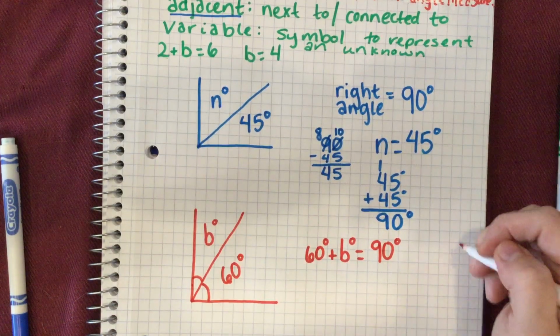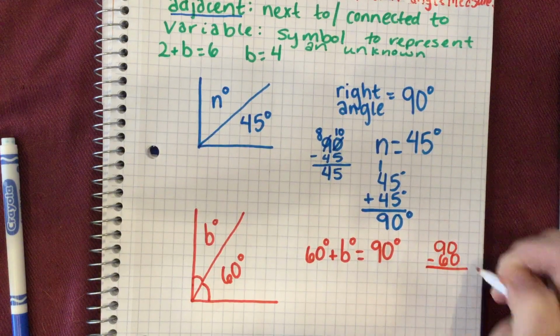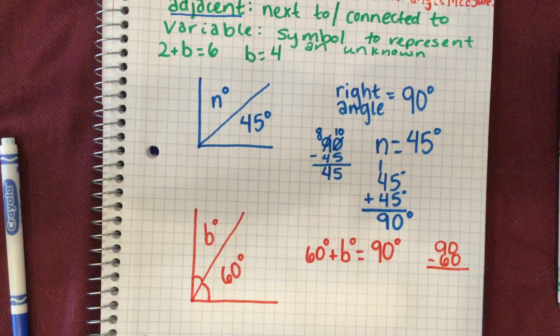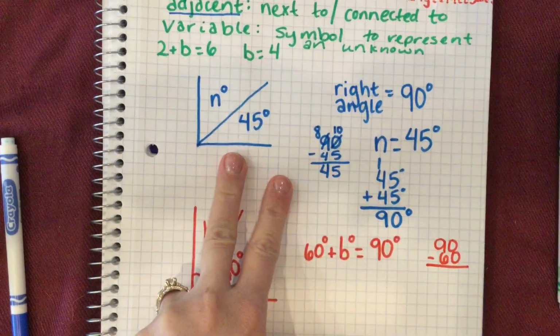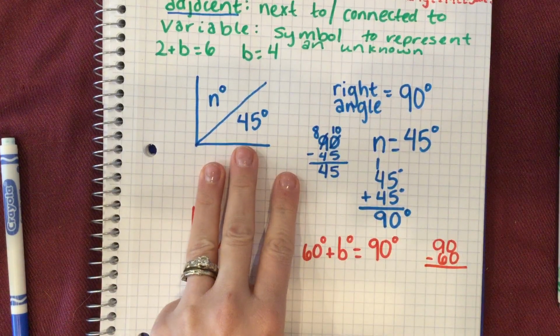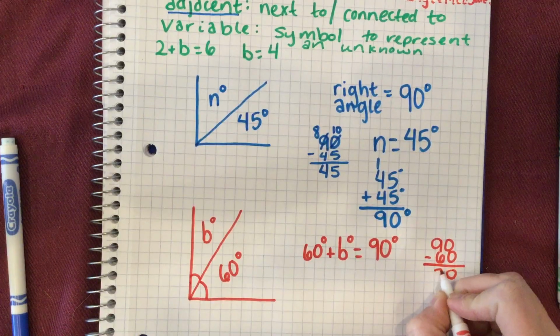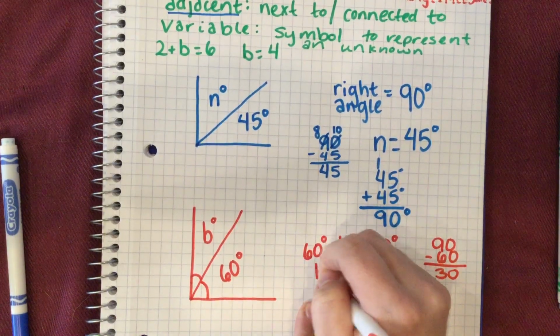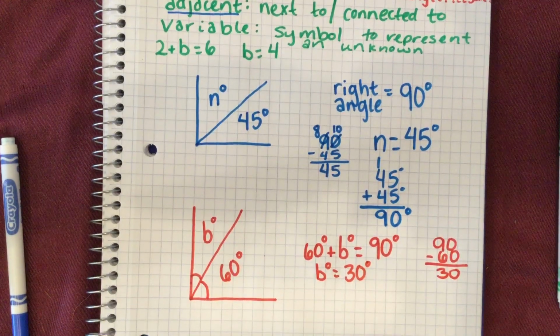We can use our subtraction strategy. We can say 90 minus 60, or you can count up by tens, 60, 70, 80, 90. How many tens did I just count by? That was 3 tens, and you know that that's correct because 90 minus 60 is 30, so that means B is 30 degrees.